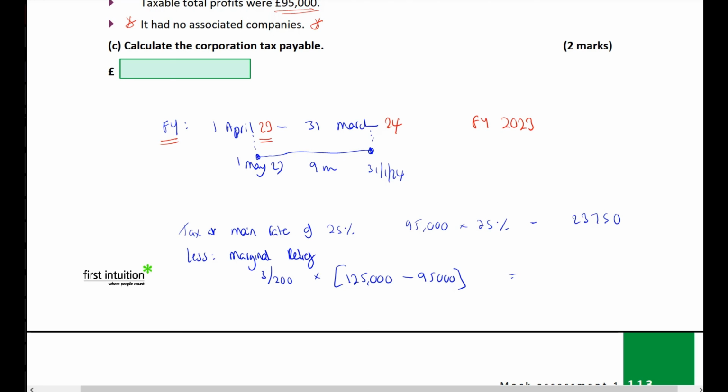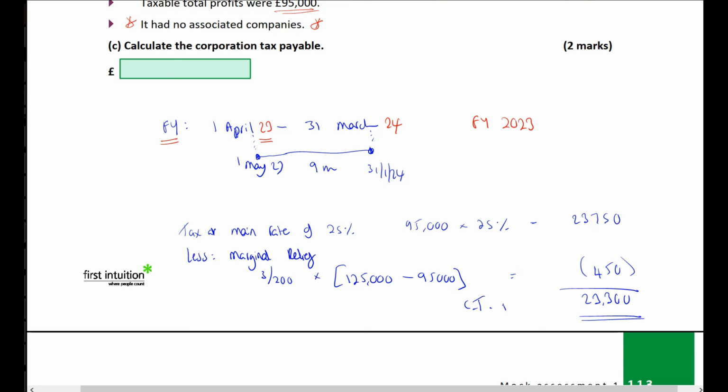And in our case, we are £30,000 away from the upper limit. So multiply that by 3/200, and it gives me £450 less tax to pay. Remember to deduct it and not add it, because you've already worked out tax at the highest rate. This is now a reduction because we're not quite at the higher rate yet, we're just sitting underneath.